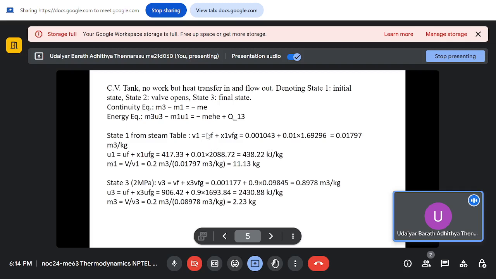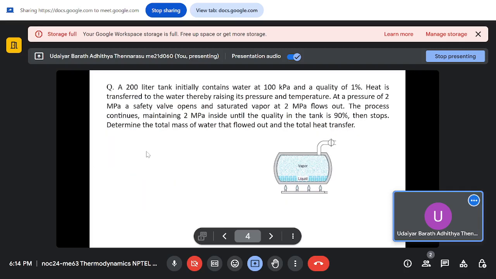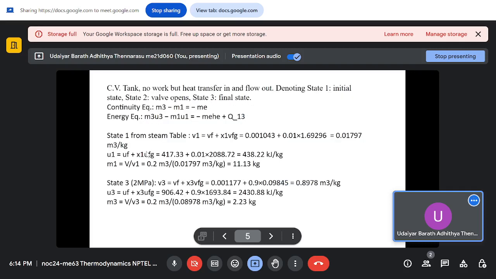From this we know the total volume of the system, so we can find the mass of the system. So m1 is nothing but your volume divided by specific volume. Volume is 200 liters, and 1 liter is 10 power minus 3 meter cube, so 200 into 10 power minus 3 gives me 0.2 meter cube.